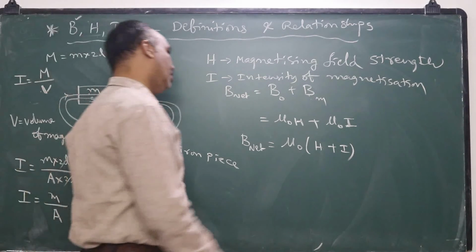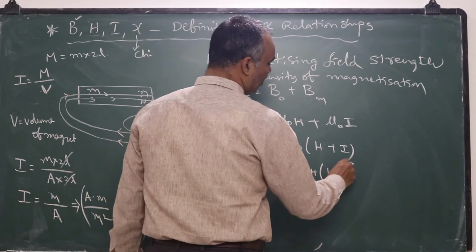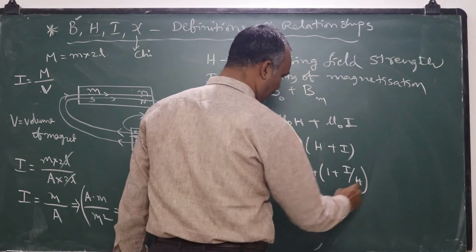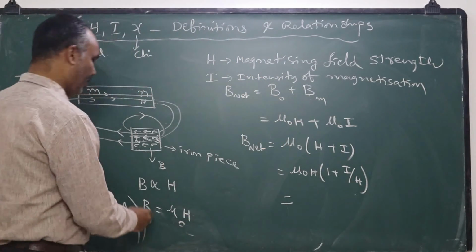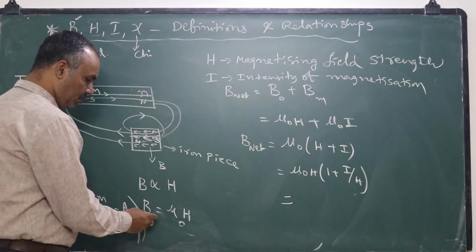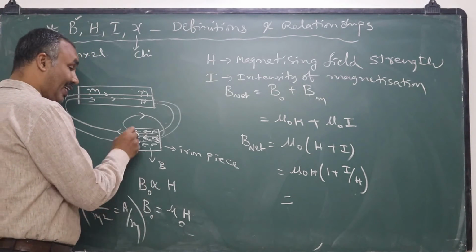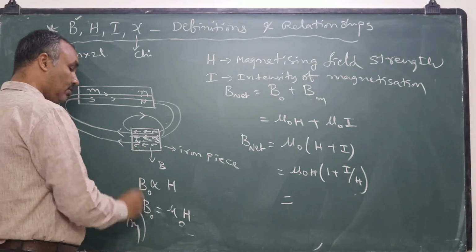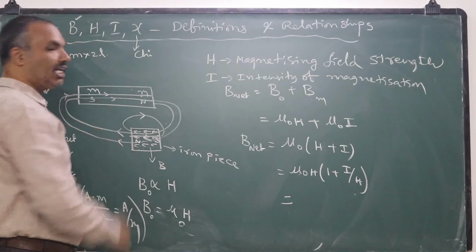If you bring H outside, it is mu naught H into 1 plus I by H. Mu naught H is nothing but B naught. B naught means magnetic induction developed due to the magnetizing field, meaning the external magnetic field.